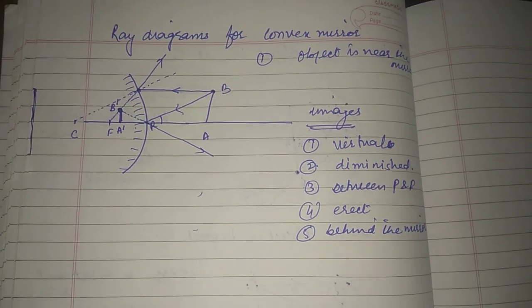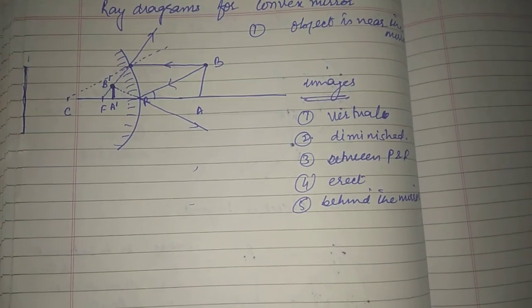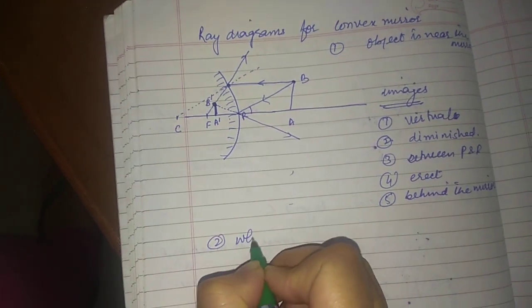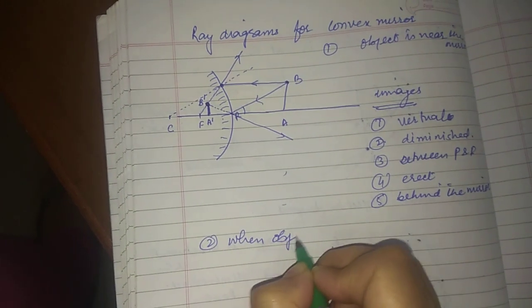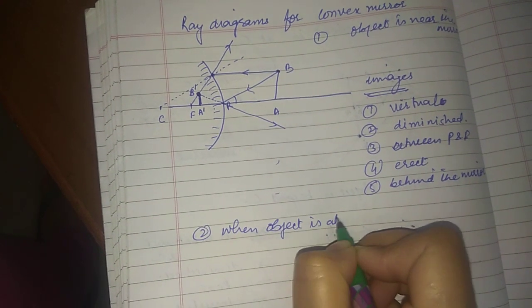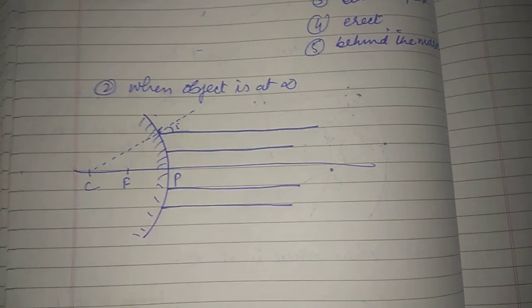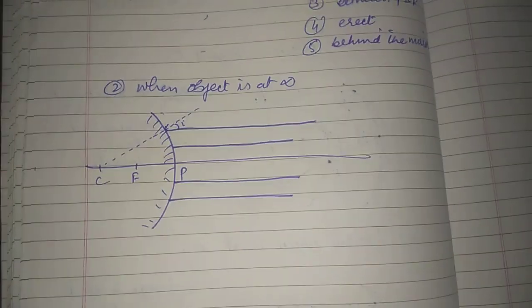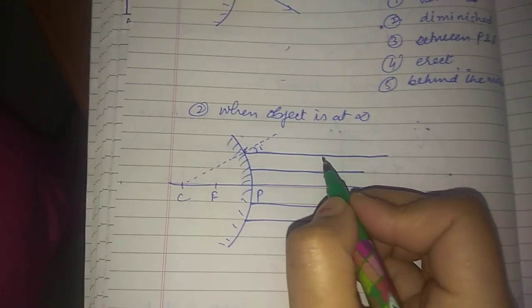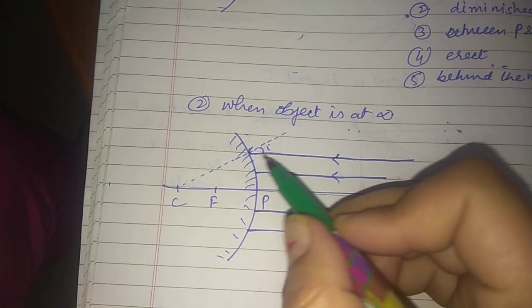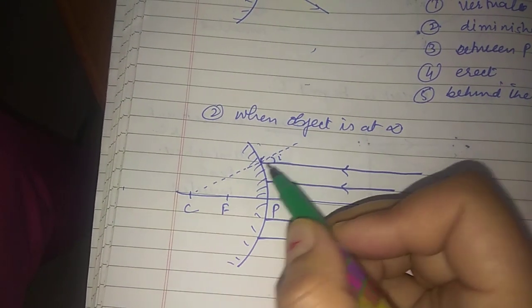Now second case, when the object is lying very far away, that means object is at infinity. So second case is when object is at infinity. So here in this case, I have taken the object to be at infinity. When the object is at infinity, parallel beam of light will be falling on the mirror. So these are the parallel lines, and for one of the ray, I have drawn the normal.